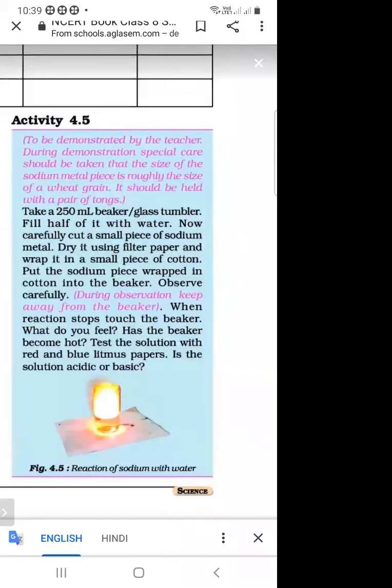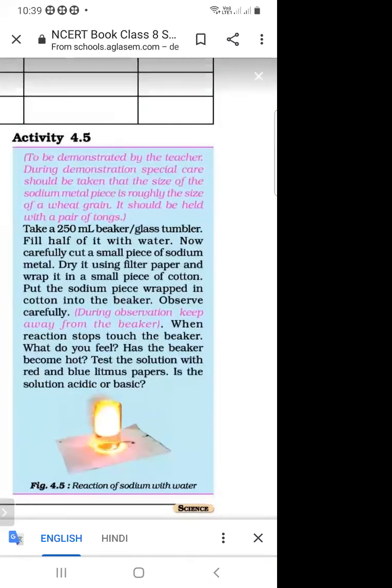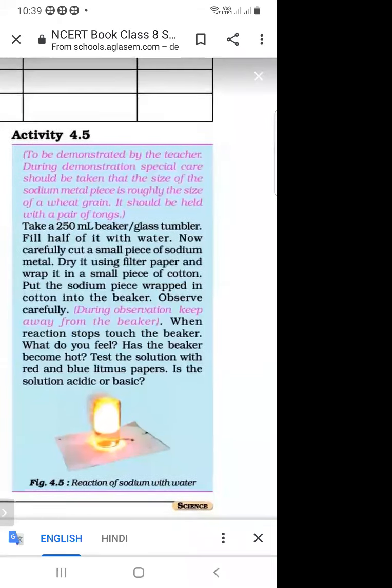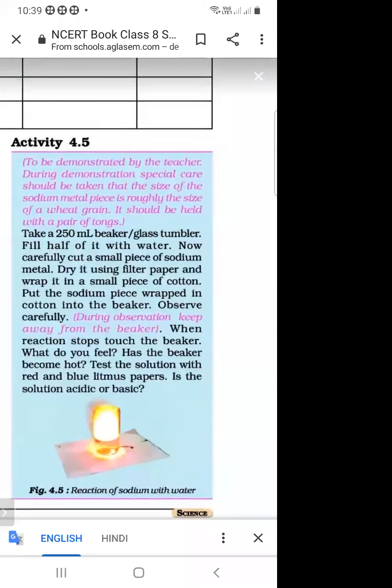So all the metals react with water. When we take a sodium metal piece, wrap it in cotton and put it into the beaker filled with water, sodium reacts with water.